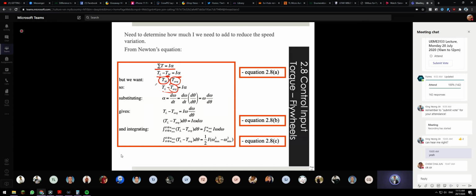Then alpha can be written as omega d omega over d theta, so we replace it in the equation. Rearranging, we get TL minus T average d theta equals I omega d omega. Then we integrate from the minimum omega to the maximum omega.